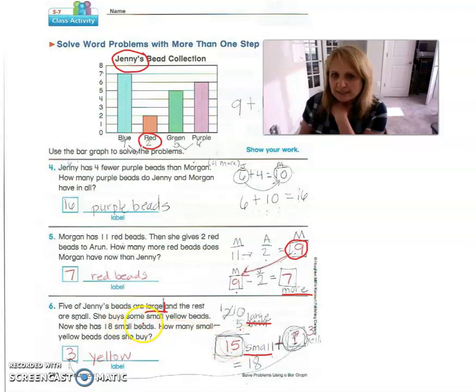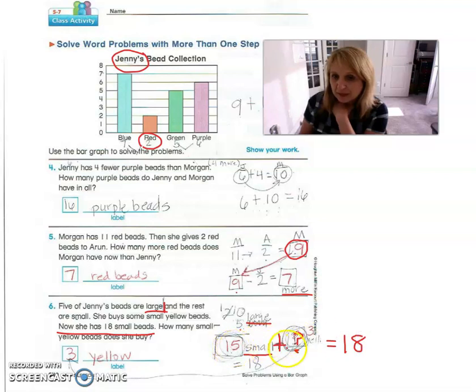She buys some small yellow beads. We don't really care what color they are because we just need to know that she buys some more small ones, right? But we don't know how many. Some. But we do know that now she has 18 small beads. So we have our 15 small beads plus some more small beads equals 18, right?